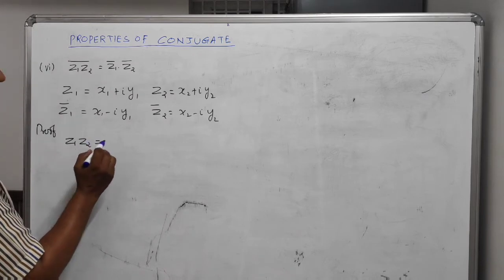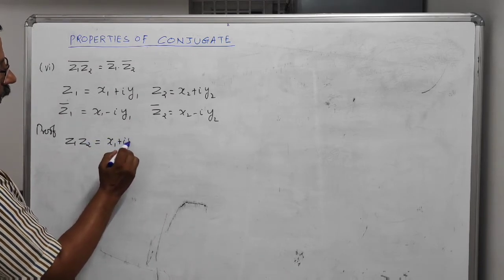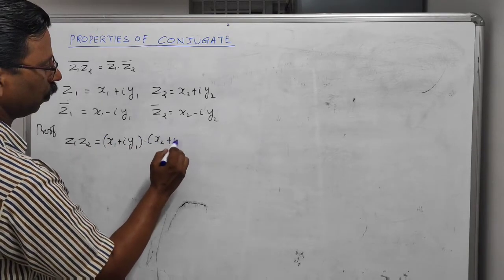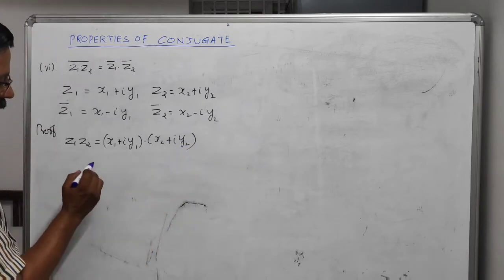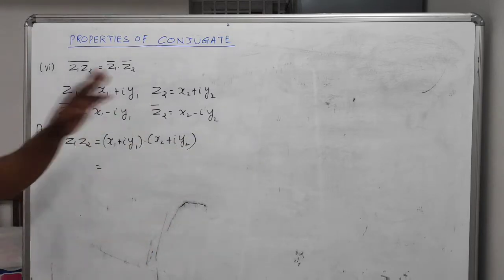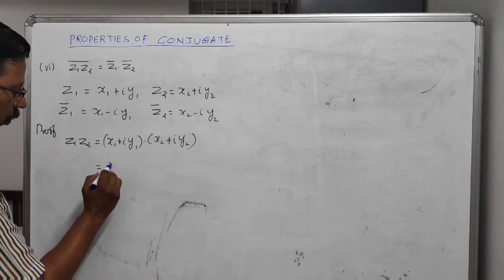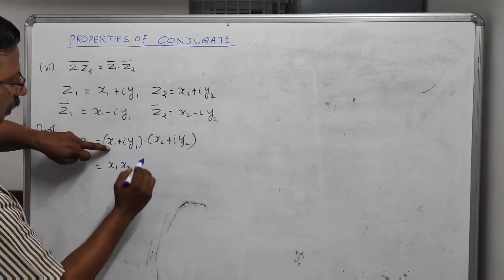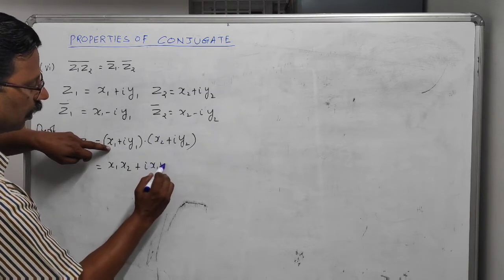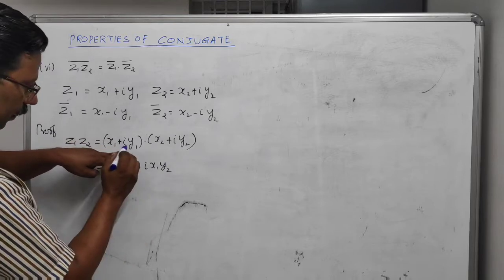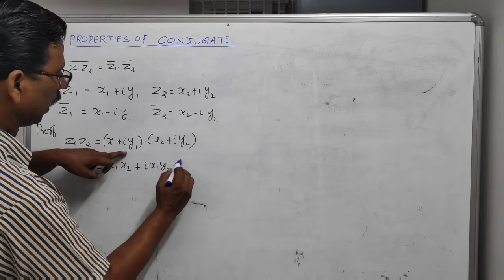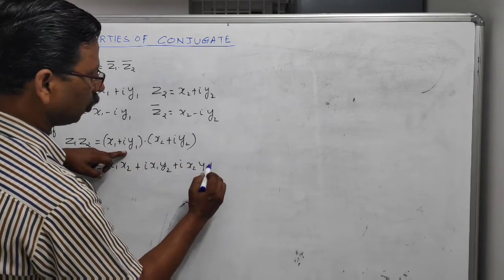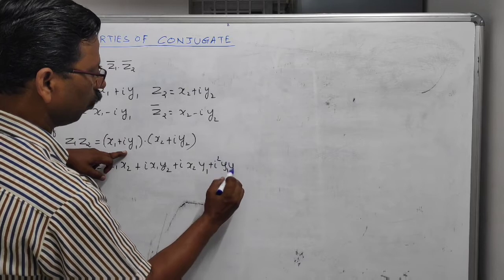Z1 into Z2 is nothing but x1 plus iy1 into x2 plus iy2. Now just remove the bracket, ordinary multiplication: x1 into x2, plus i into x1 y2, plus i x2 y1, plus i square y1 y2.